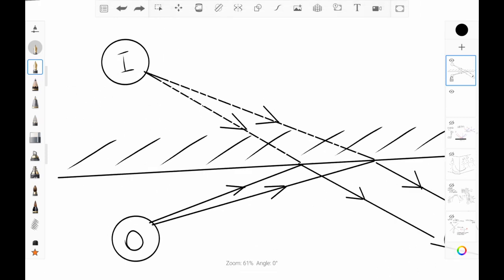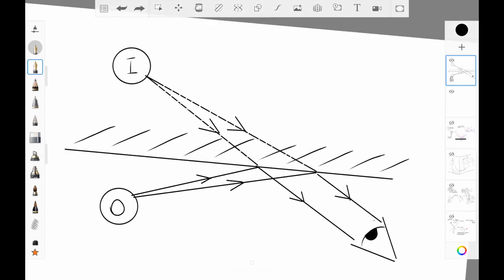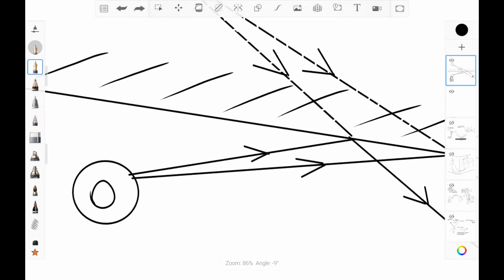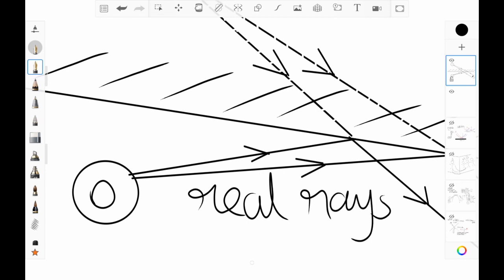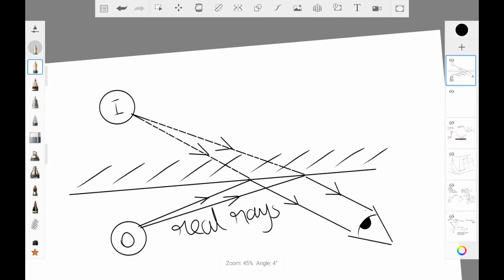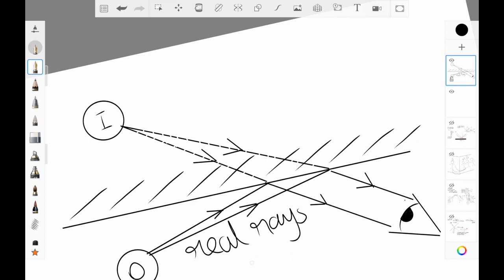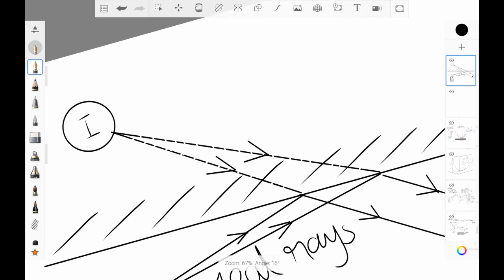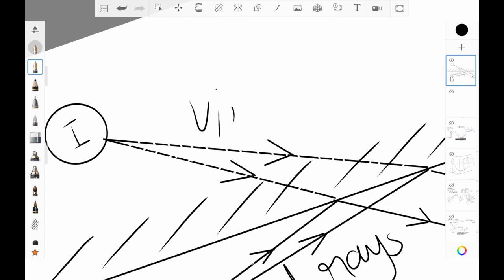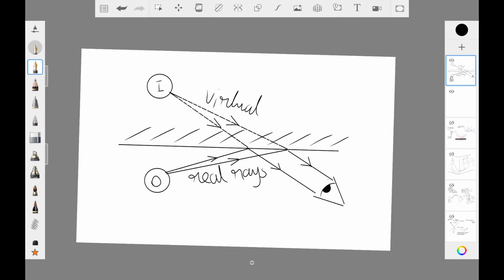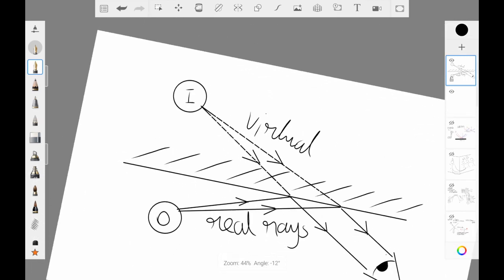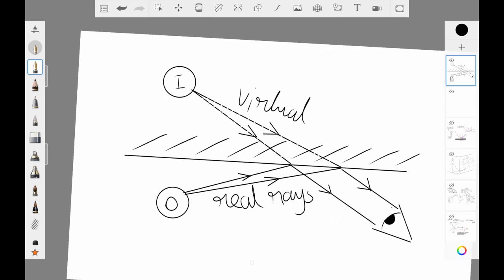So while the reason that we see this object in the first place is due to real rays being reflected by the mirror and reaching our eyes, we think that we are seeing the reflected image due to virtual rays directly reaching our eyes. And this really just forms how we see images in mirrors.